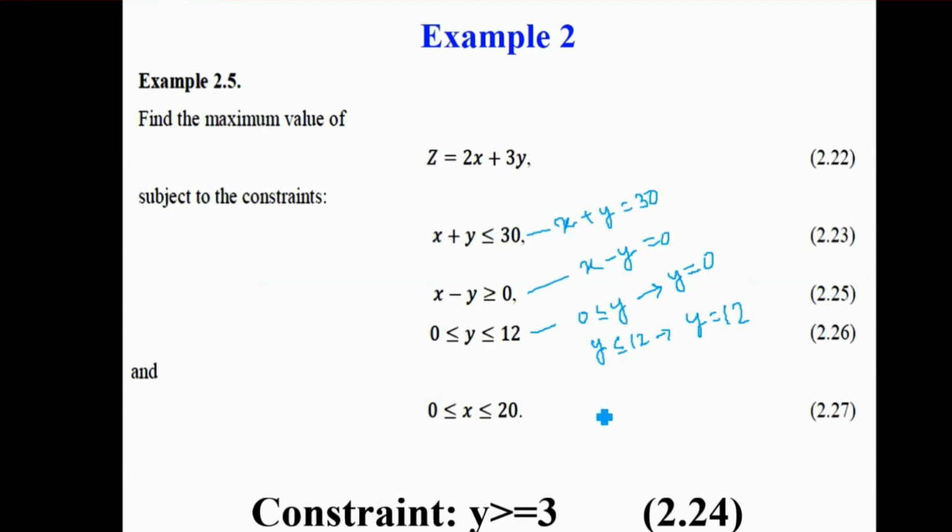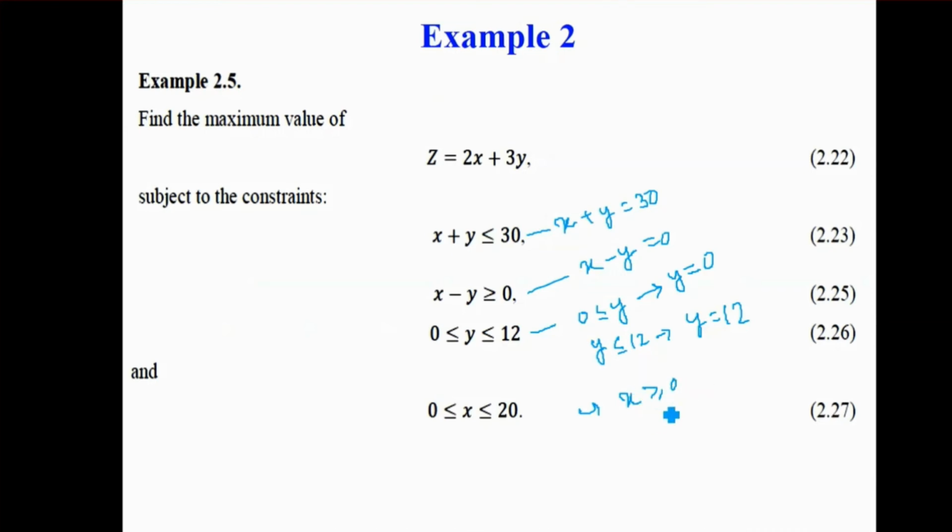The next one is x value, which is greater than or equal to 0. This is nothing but the non-negativity condition. Here x greater than or equal to 0, y greater than or equal to 0. So from here you can find x equals 0. Then x less than or equal to 20. From here you can find x equals 20, and below that we will consider the region.